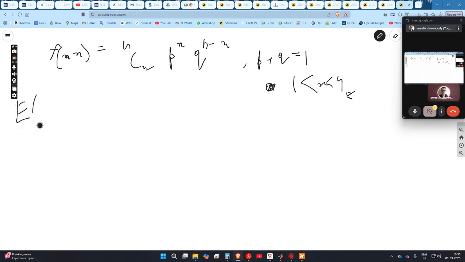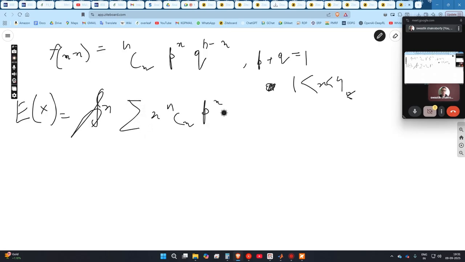So here the expectation of x will be the summation of x times n choose x, p to the power x, q to the power n minus x.